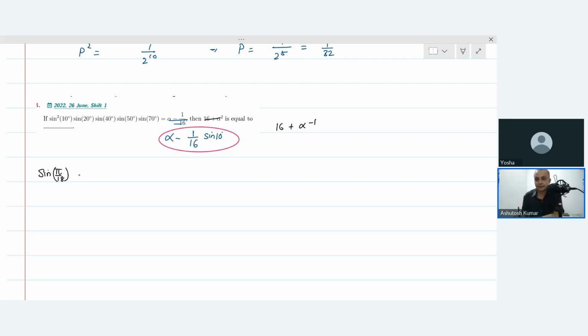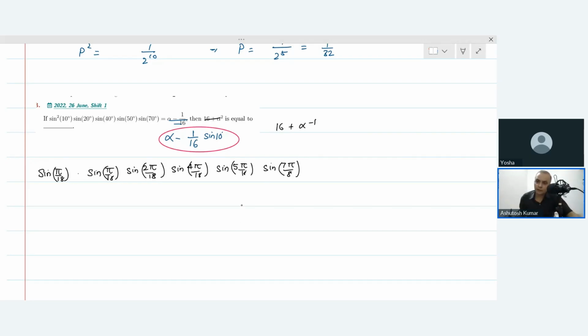So one piece I'm taking alone, and then I'm writing sine pi by 18, then sine 2 pi by 18, then sine 4 pi by 18, 3 is not given, then sine 5 pi by 18, then sine 7 pi by 18, again this not given, 6 is not given.